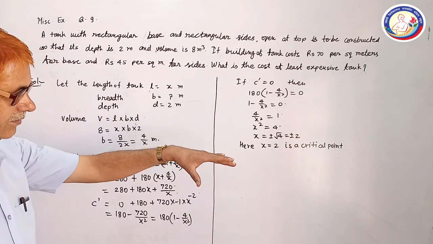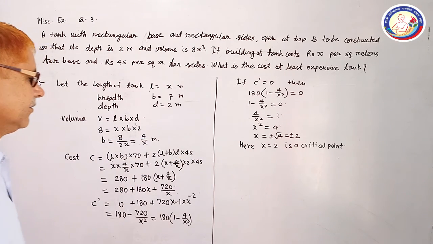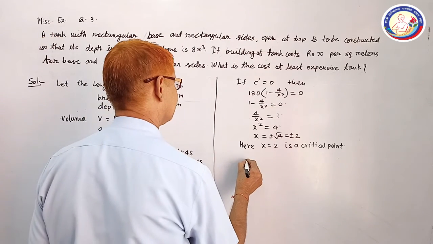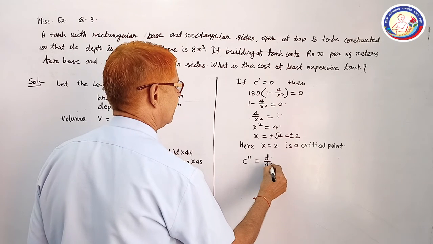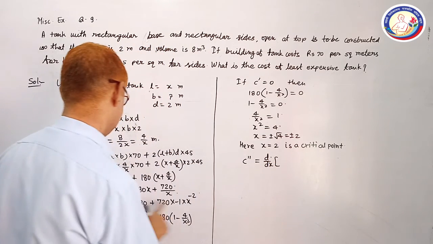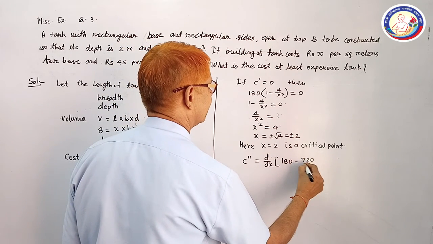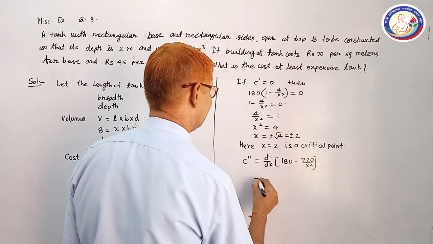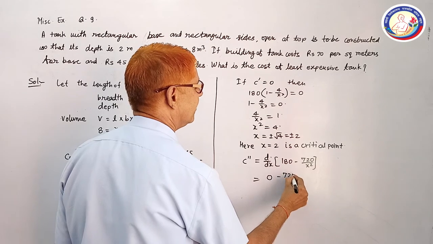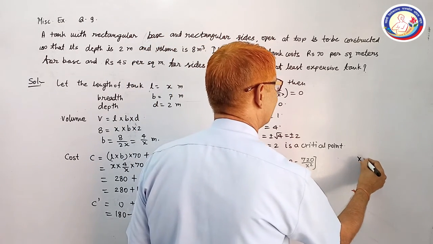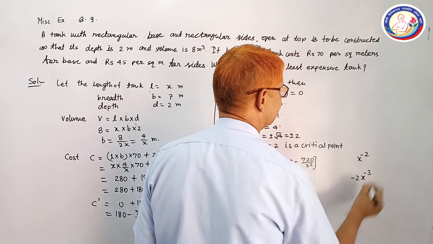Now we find whether it is a point of minima or maxima. So find the second derivative. D by dx of 180 minus 720 by x square gives the derivative of 180 is 0, minus 720 times x raised to power minus 2, so the derivative will be minus 2 into x raised to power minus 3.